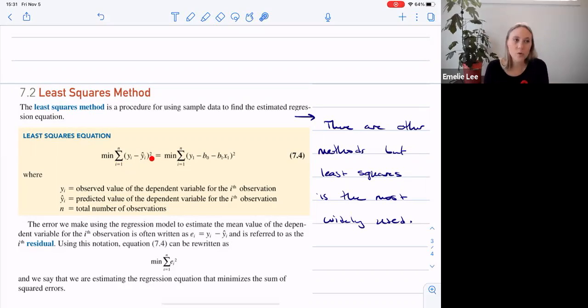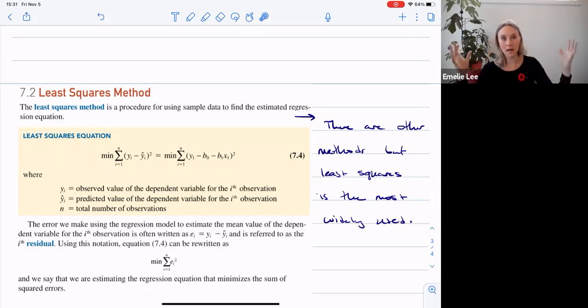Squaring that distance does two things. Squaring a value makes it positive, but also a distance of 1 squared stays 1, whereas if I double that distance to 2, then 2 squared becomes 4, because a distance that's twice as large is more than twice as bad. So you have to accommodate that.